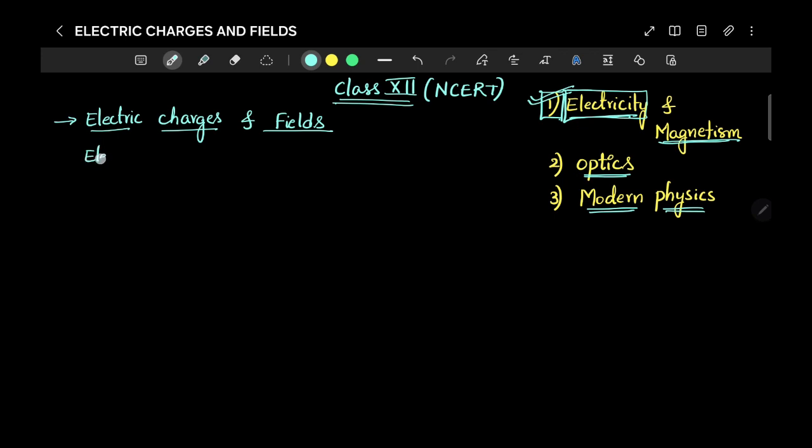The next one is electric potential and capacitance. These two initial chapters in the class 12 syllabus deal with charges at rest, that means electric charges when they are at rest.